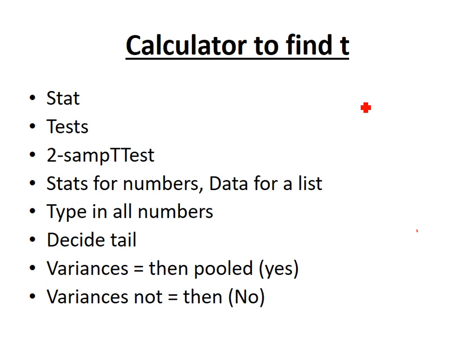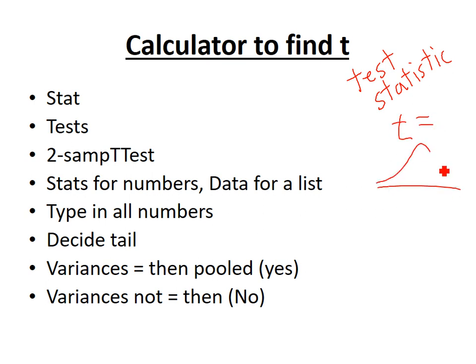On the calculator, to find your T, this is your test statistic. This is the number that you're finding using those big long formulas to see if it falls in the rejection region or not. It's not the critical value. The critical value here is T sub 0. You still have to use your chart to find that.